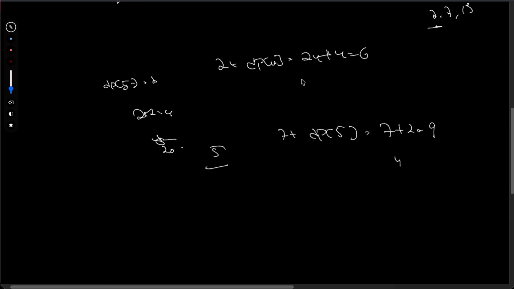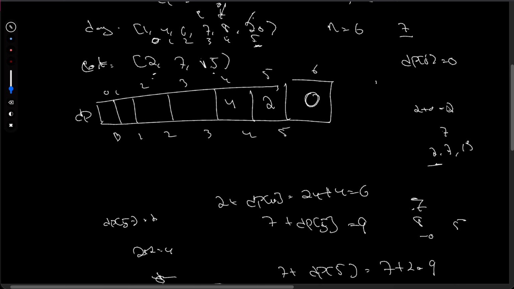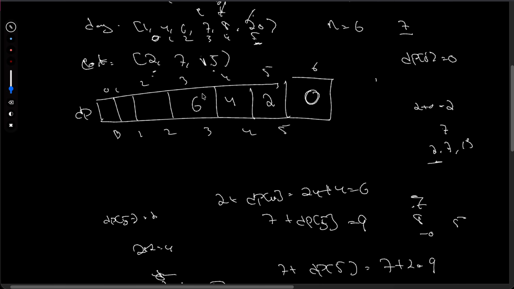We cover 7 and 8, but 20 we do not cover, so the uncovered is 5. So 7 plus dp of 5 is 9. Day 30 pass is 15. So the minimum is 6, so dp of 3 is 6.